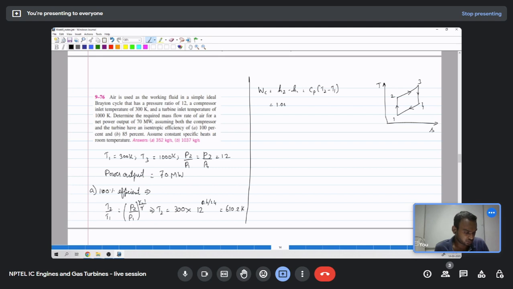Cp is 1.005 into T2, which is 610.2, minus T1, which is 300. This is 311.75 kilojoule per kg.